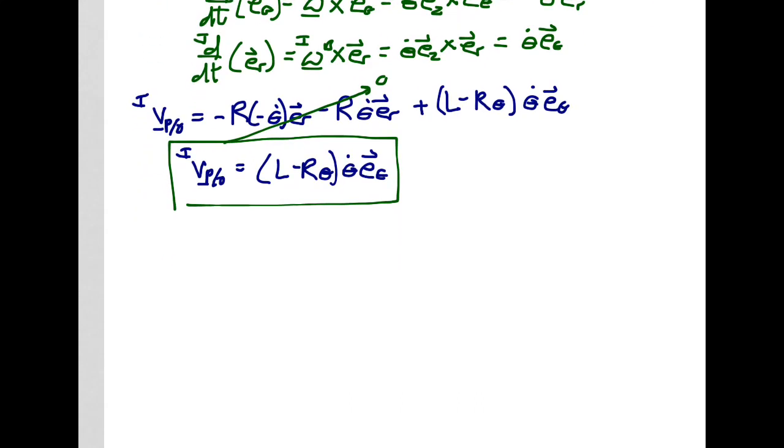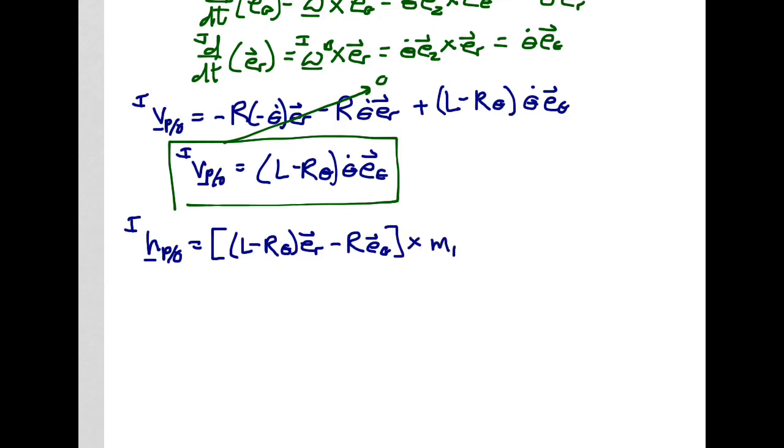So our next step is to plug this into our momentum equation. The angular momentum of P with respect to point O, the inertially fixed point, is equal to this entire expression for our position, where we have (L minus r theta) in the er direction, minus r in the e theta direction, crossed with mass multiplied times our inertial velocity, which is (L minus r theta) multiplied times theta dot in the e theta direction.